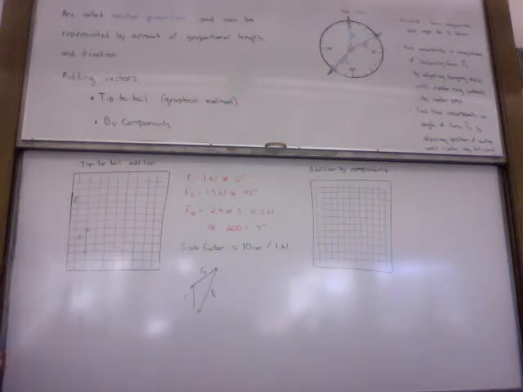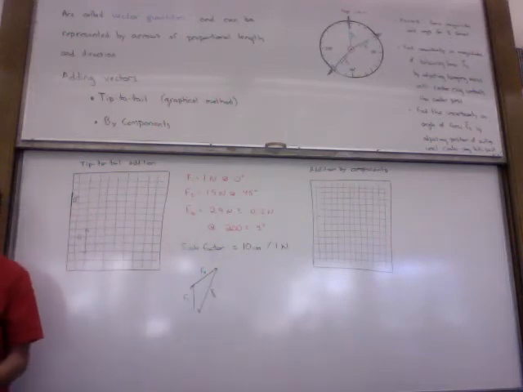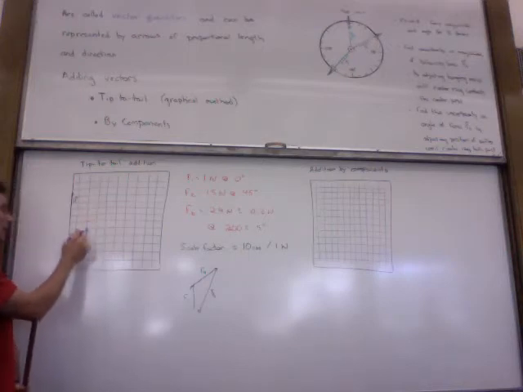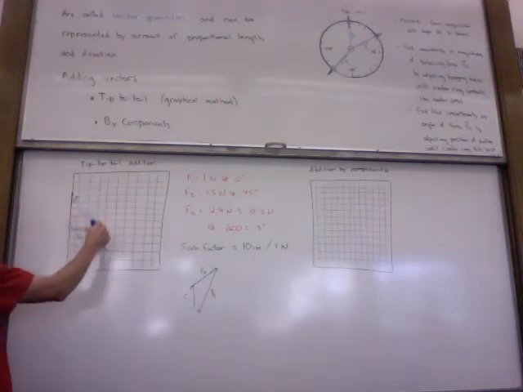Okay, so where should I draw force 2 from? Where should I start drawing force 2? From right here, okay, from the tip of vector 1, that's where I put the tail of vector 2. And in which direction should I draw it? 45 degrees. Okay, so I'm going to use my protractor.